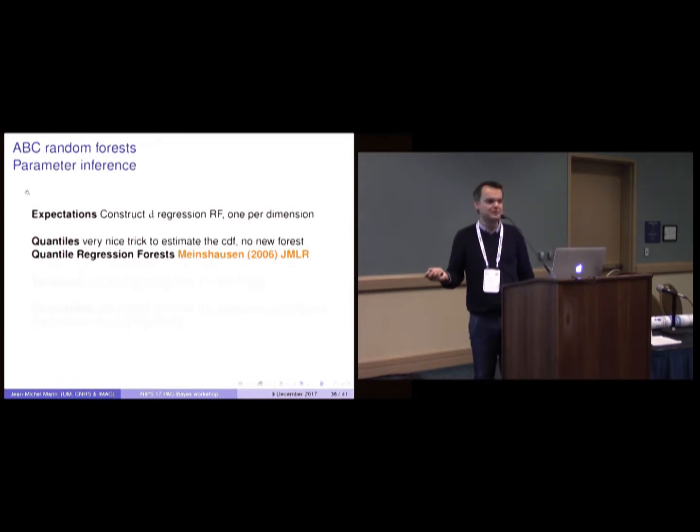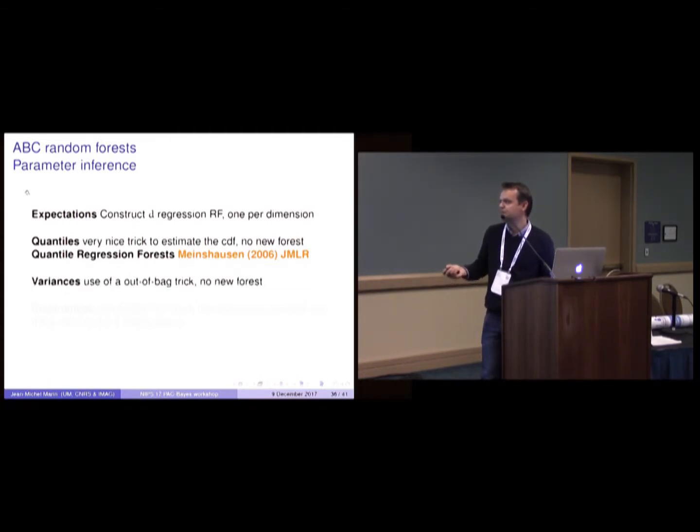You don't need to simulate new forests compared to the one that has been done to estimate the expectation, because Meinshausen gives a very nice trick to estimate the cumulative distribution function, and you just have to invert this cumulative distribution function and you get all the quantiles you need. For the posterior variance, there is no new forest compared to the posterior expectation, and you use an out-of-bag trick also.